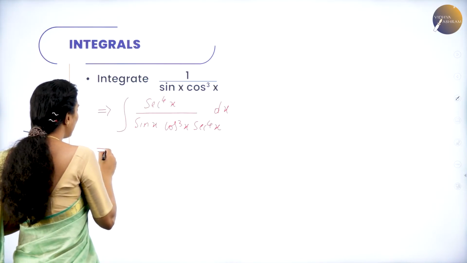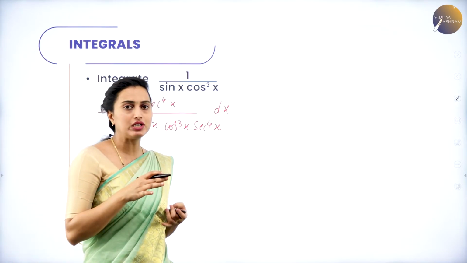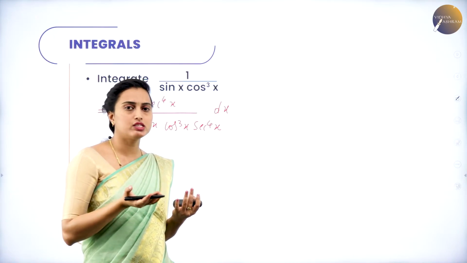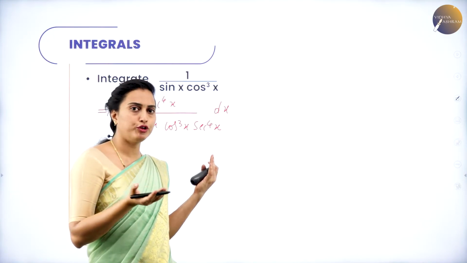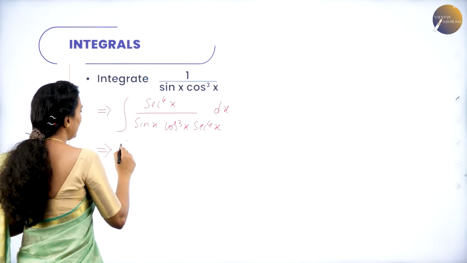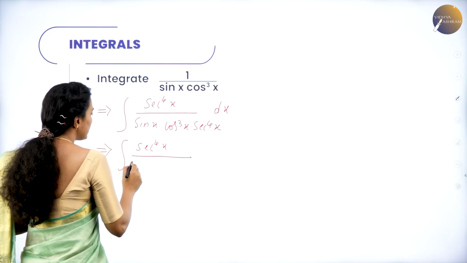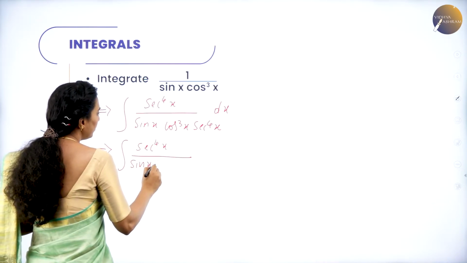Now here, I can bring it to the form of tan and secant, because tan squared x can be written as secant squared x minus 1. In that form, I am going to bring this one. So this will be equal to integral of secant to the power of 4x divided by sin x into cos cube x.